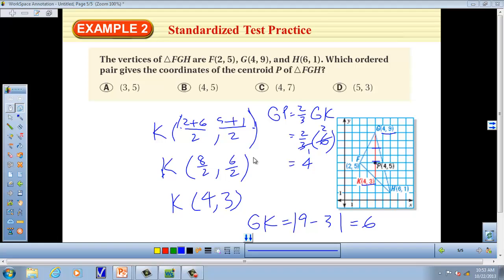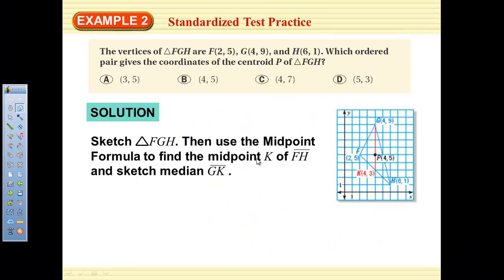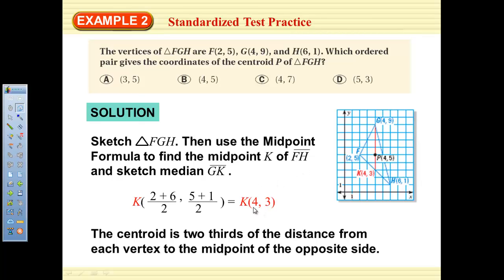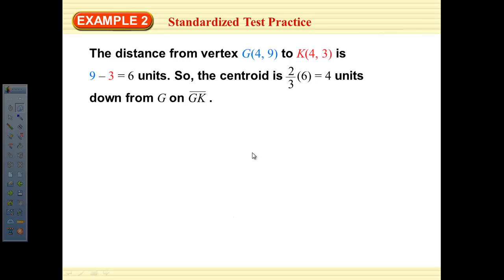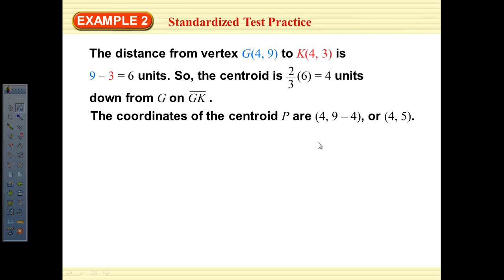Okay? So again, we find the midpoint K of FH, and we get (4, 3). The centroid is 2/3 the distance from the vertex, so it's 2/3 of 6 or 4, and then we just go down 4 from G, which is at (4, 9), so it would be (4, 9 minus 4), or (4, 5). So the correct answer was B.